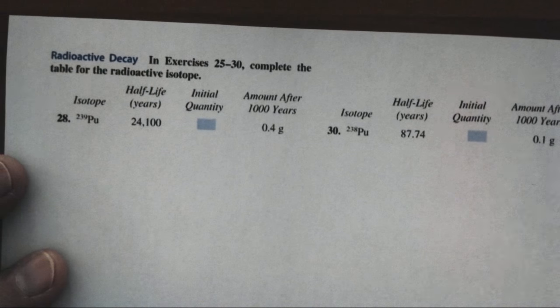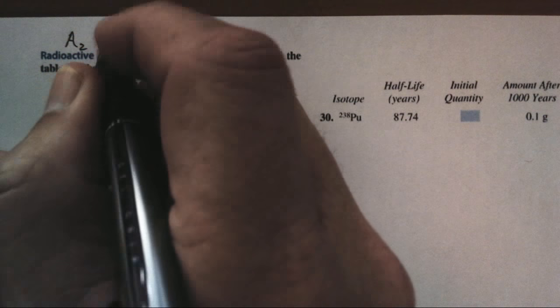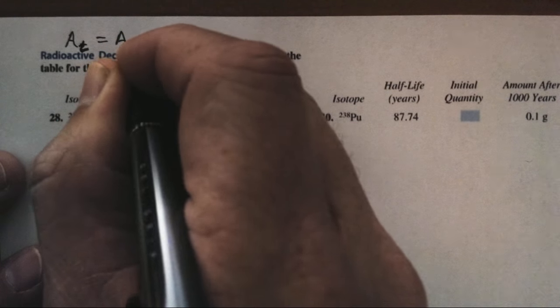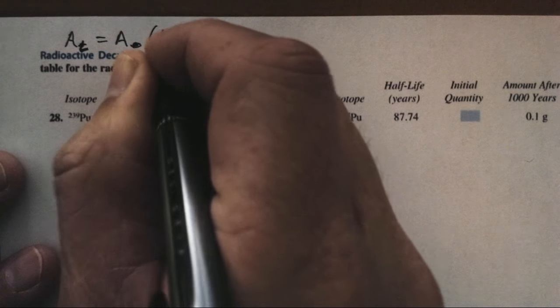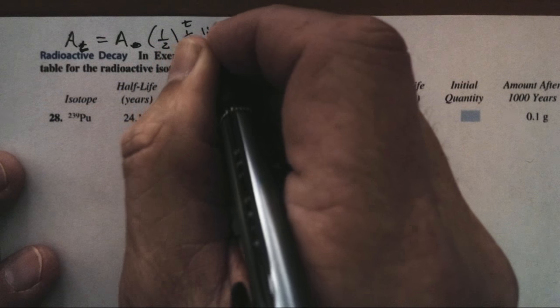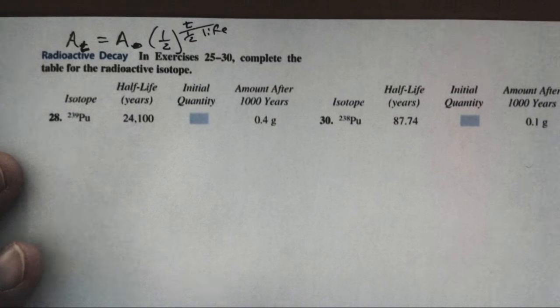And here we have a half-life problem, and I'm going to repeat that formula. It's going to be the amount at time t, in the past it was smell, but amount at time t equals the initial amount times 1/2 to the time divided by the actual half-life.